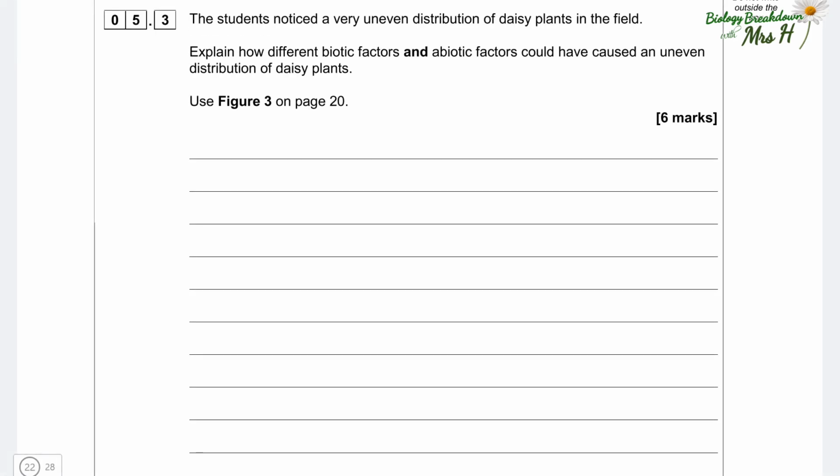The students noticed a very uneven distribution of daisy plants in the field. Explain how different biotic and abiotic factors could have caused an uneven distribution of daisy plants.